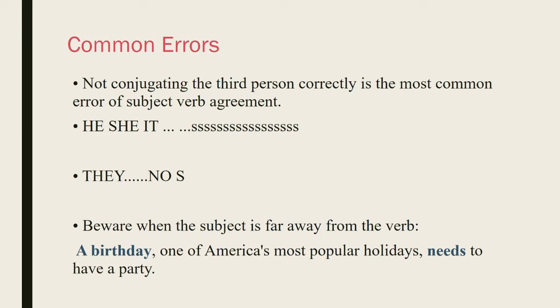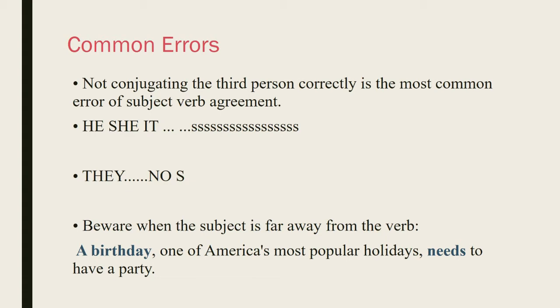Our verb is needs, so a singular subject conjugates needs. However, you have a plural noun immediately before the verb, but this plural noun, holidays, is not the subject of the sentence. It's just part of this extra little piece in here. Our real sentence is, a birthday needs to have a party.